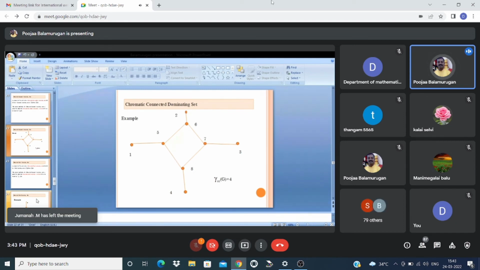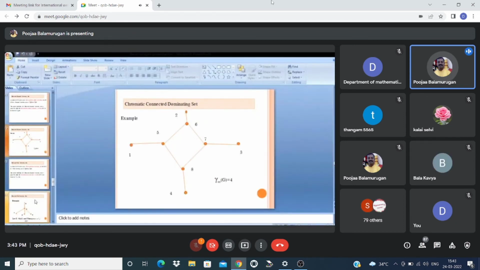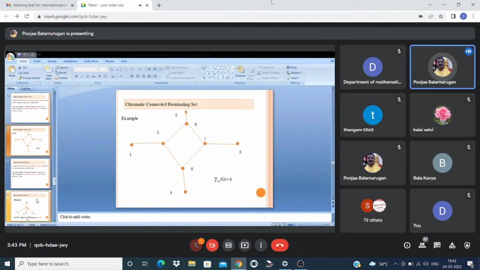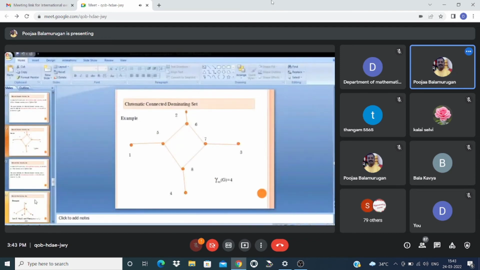So it is an example of chromatic connected dominating set. Because chi of that graph is equal to that of C4, so only two. So automatically you take a dominating set.